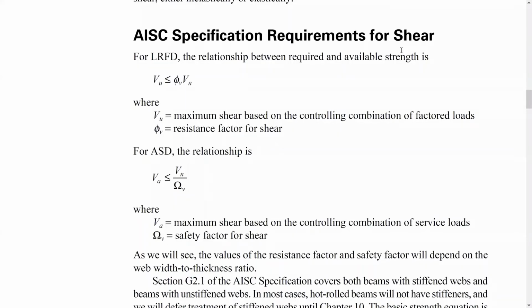Okay, so it will depend on that, and I'll show you what this means. So let's see the AISC specs requirements for shear, the American Institute of Steel Construction, for the shear in flexural members, which is a beam. For the LRFD method, guys, the relationship between the required and the available strength. Required is the maximum shear in the beam.